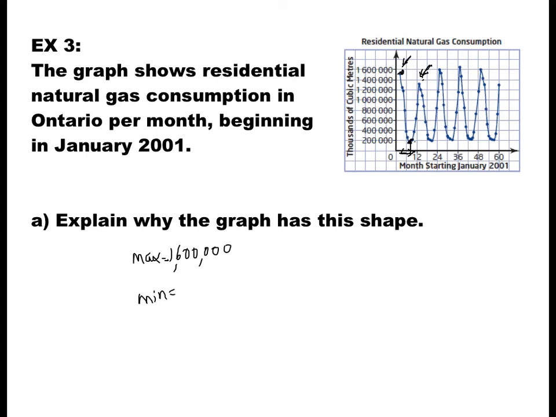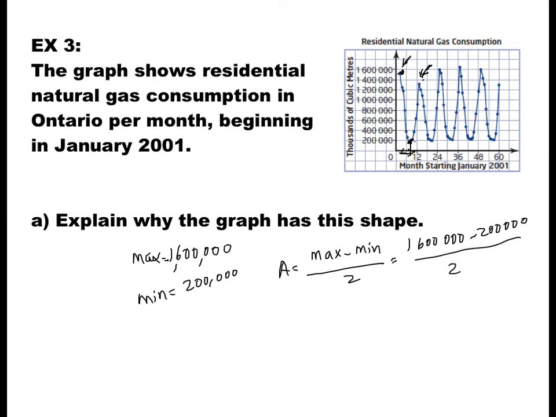So the minimum is 200,000 cubic meters. And the amplitude by definition is max minus min divided by 2, which is 1.6 million minus 200,000 divided by 2, which is going to give us approximately 700,000 cubic meters of gas.